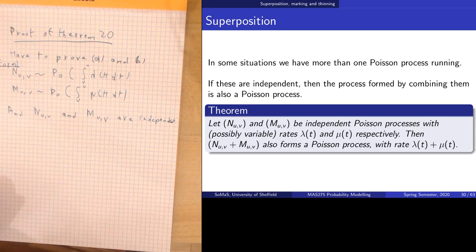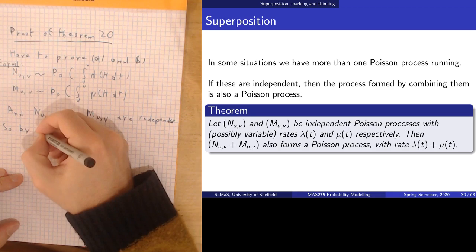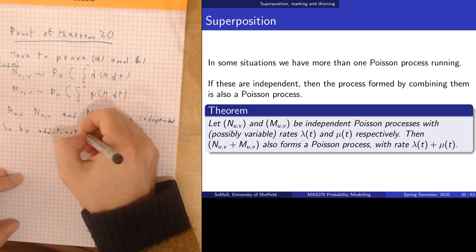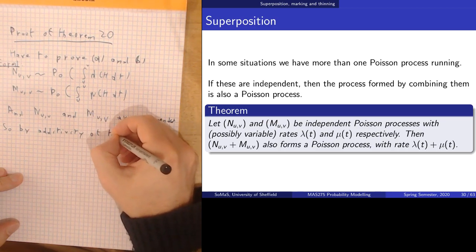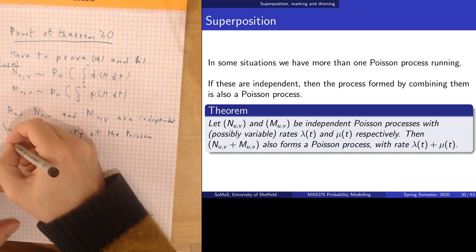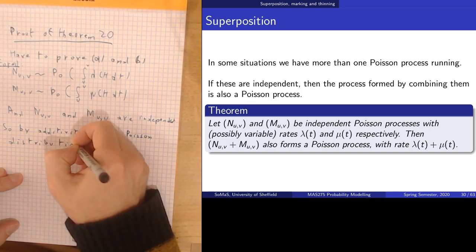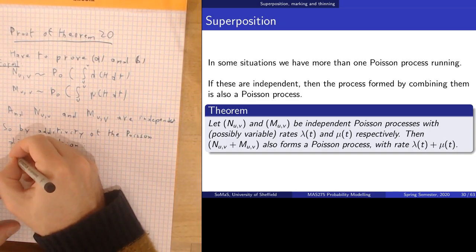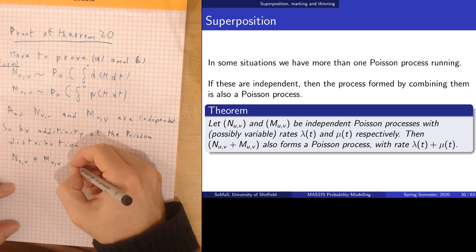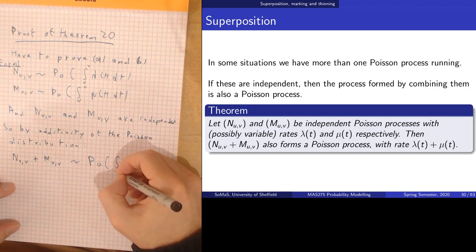So by additivity of the Poisson distribution, we know that the sum N_uv plus M_uv is Poisson with parameter integral from u to v of lambda plus mu.